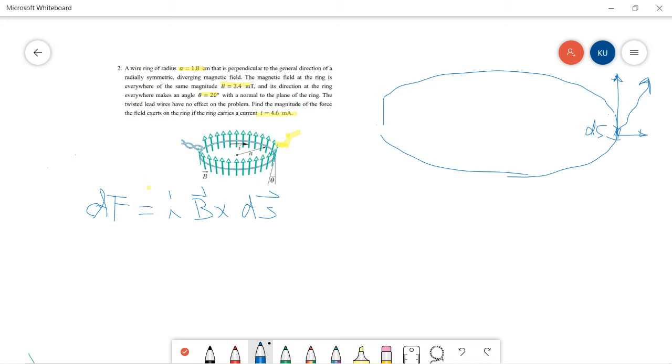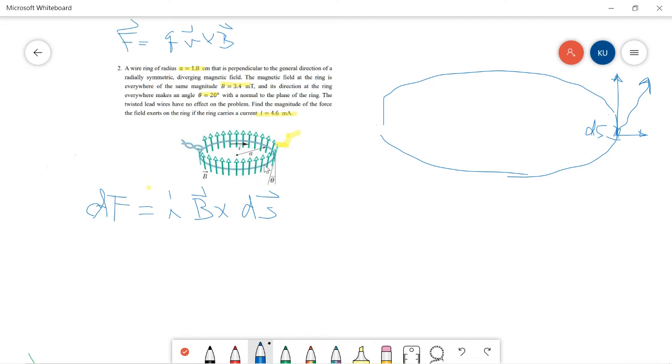For the Lorentz force, it is Q times V cross B, but here in a wire we have a current. For current, it's just like some charges moving. So in this case, we have the form like this.